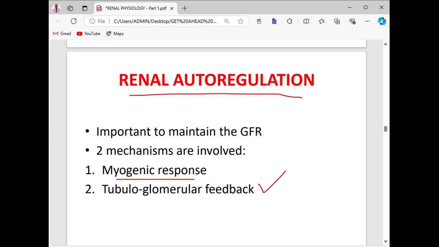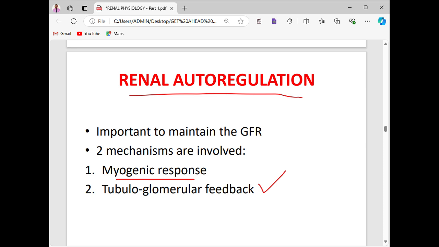What happens is renin, along with angiotensin, forms the renin-angiotensin system, which helps maintain blood pressure. The secretion of renin is stimulated by four factors. Number one, when there is a fall in arterial blood pressure, renin will be secreted.